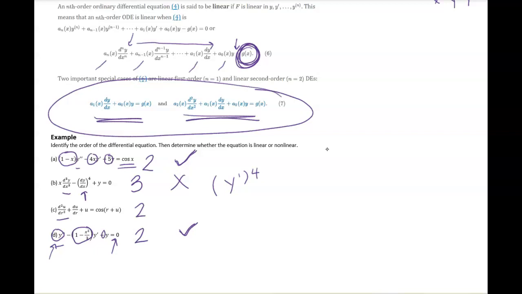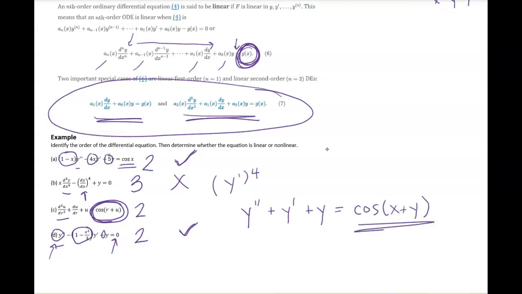C gets a little bit tricky. The left-hand side looks perfectly fine. The problem is the right-hand side. If it is a little bit confusing to have this in terms of not x and y, you can think about this as y double prime plus y prime plus y equals the cosine of x plus y.